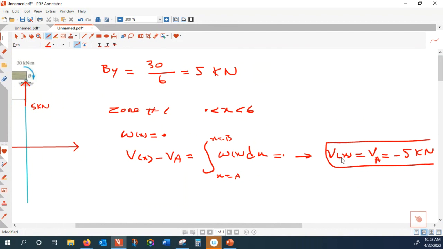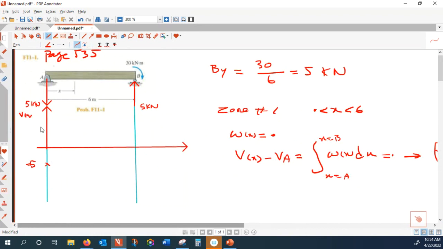How can this be interpreted? It means no matter what the x, the shear force would remain at -5. And now here, I want you to try communicating with this shape. That makes your life much easier than if you try just memorizing this one.